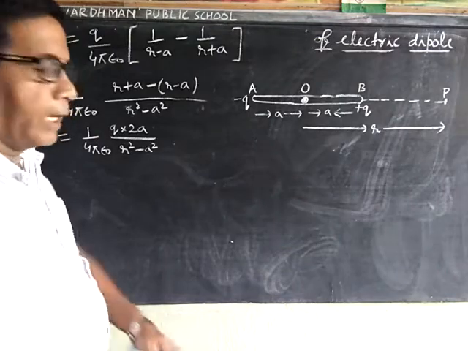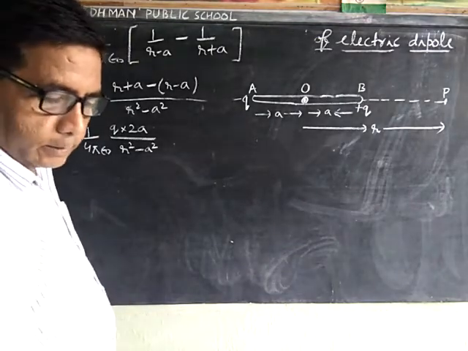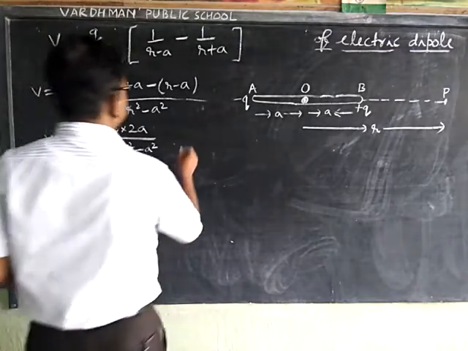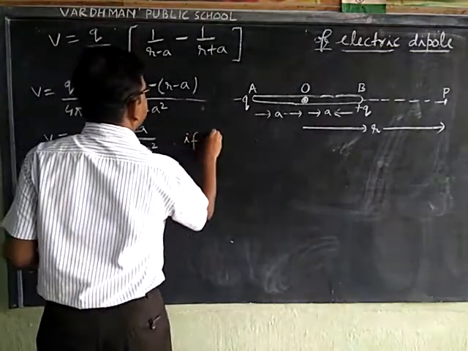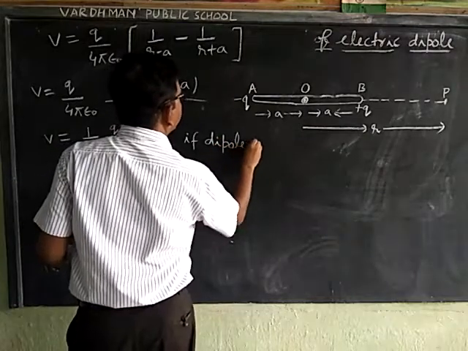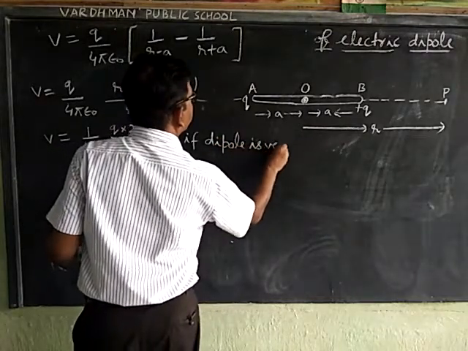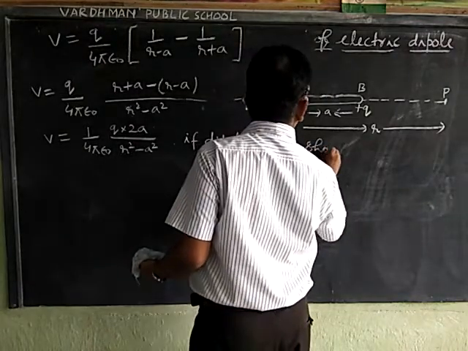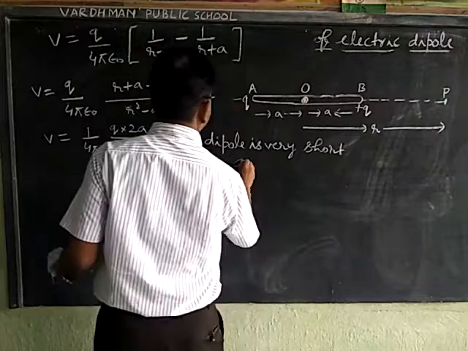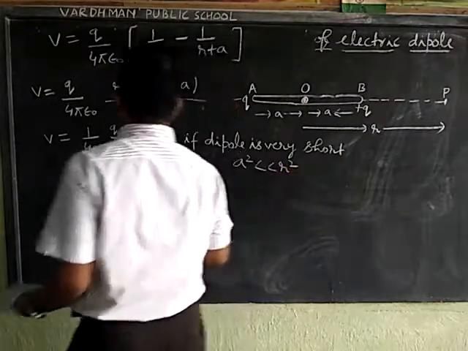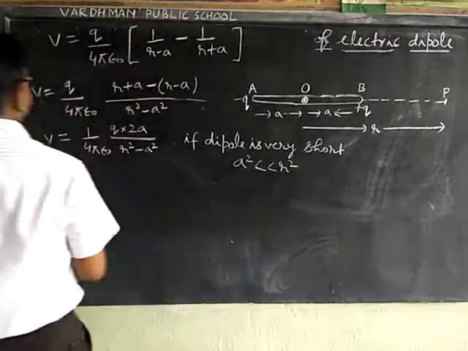Now if the dipole is very short, then A square is much less than R square. Then ignore A square.